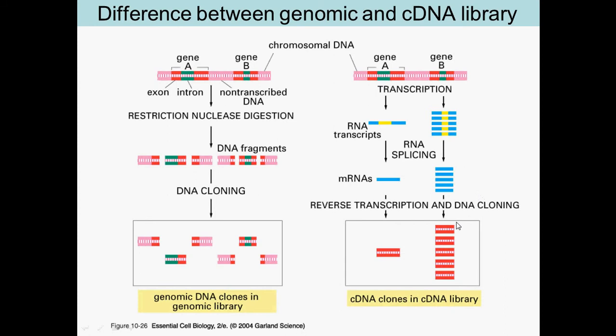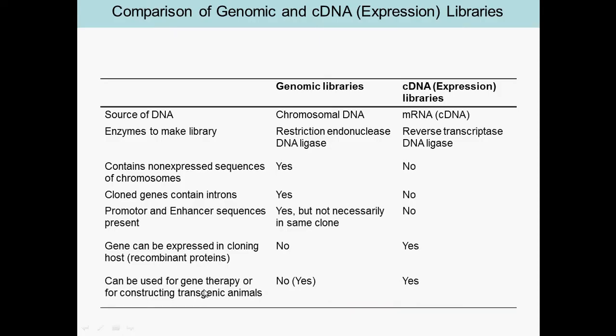And then after reverse transcriptase, you take the DNA and you put them into bacterial cells by cloning them in there. So then you have a cDNA clone library and genomic DNA clones in the genomic library.